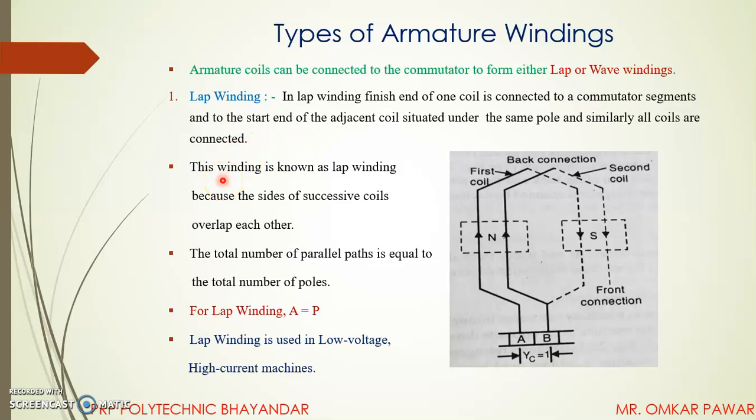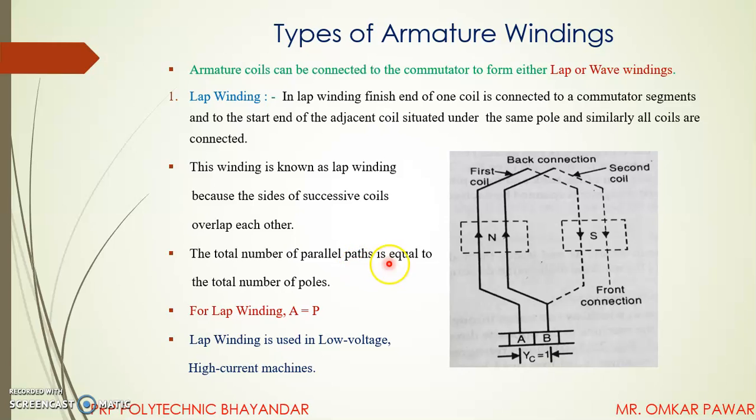This winding is called lap winding because the sides of successive coils overlap each other. In this diagram there are two coils, but in a winding a number of coils are connected and overlap each other. That's why it is called lap winding.